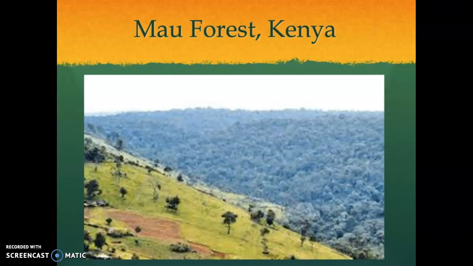When they did evict them, they used government officials, people that worked for the Kenyan Forest Service and other organizations, Fish and Wildlife and such. They went in armed with guns, shot the guns in the air, beat people with their gun butts, threw them to the ground, cut down their homes and burned their crops, and threw them out of the Mau Forest.